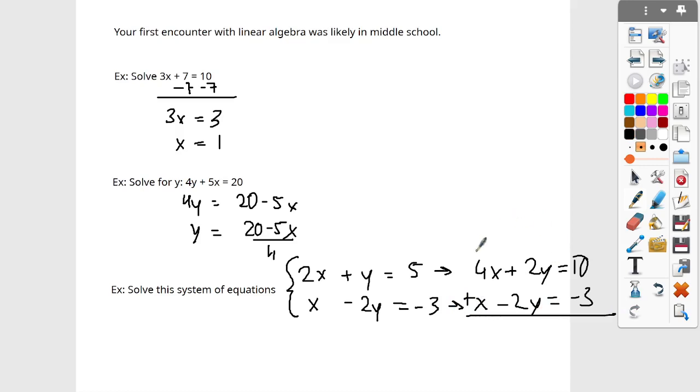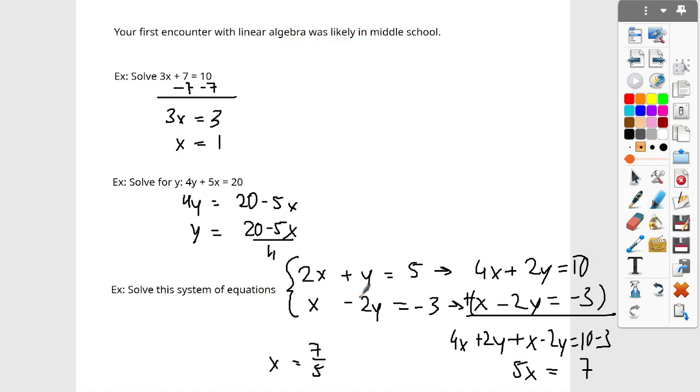Well, if 4x plus 2y is 10, and x minus 2y is negative 3, then 4x plus 2y plus x minus 2y is 10 minus 3. So if it's 10 minus 3, that's 7, and plus 2y minus 2y is 0, so it's 5x. 5x equals 7, so x is 7 over 5.